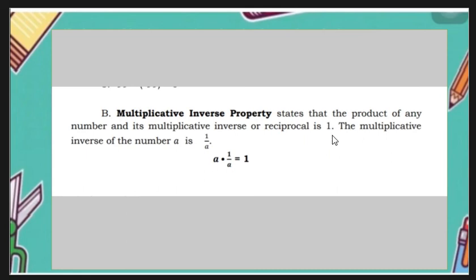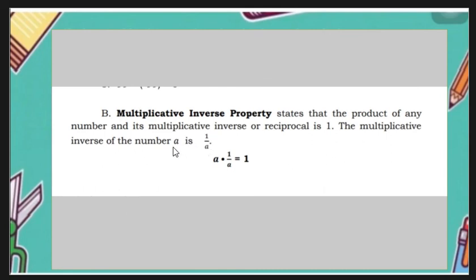The multiplicative inverse of the number A is 1 over A. Again, the multiplicative inverse of the number A is 1 over A.